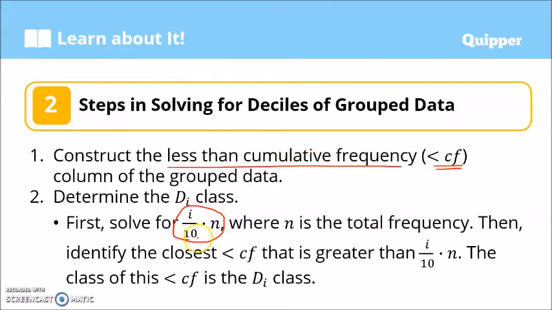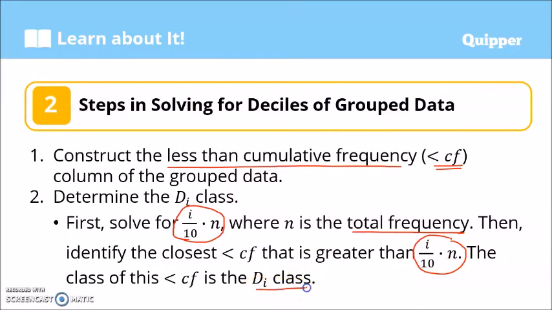Now, for decile, the denominator is 10 because it divides the data set into 10 equal parts. And again, our N is the total frequency. Then, identify the closest less than cumulative frequency that is greater than the value of I over 10 times N. And that should be the D sub I class.